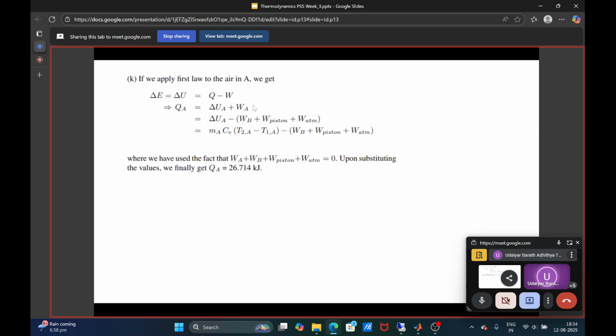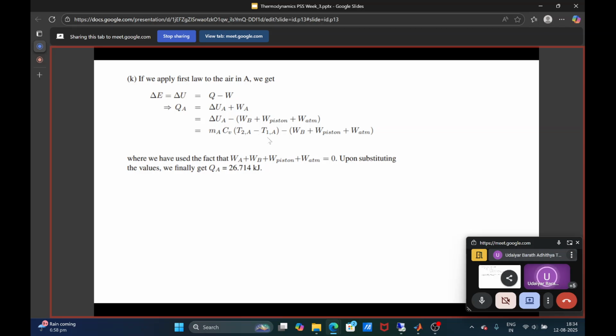The only work which we don't know is the work done by cylinder A. The rest we have all calculated. So Q is delta U minus WB plus W piston plus W atmosphere. So that gives you the work done by A, and using delta U you can find the heat.